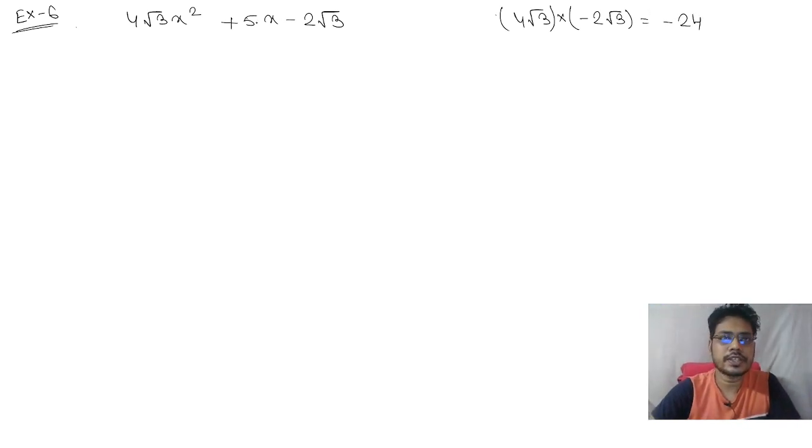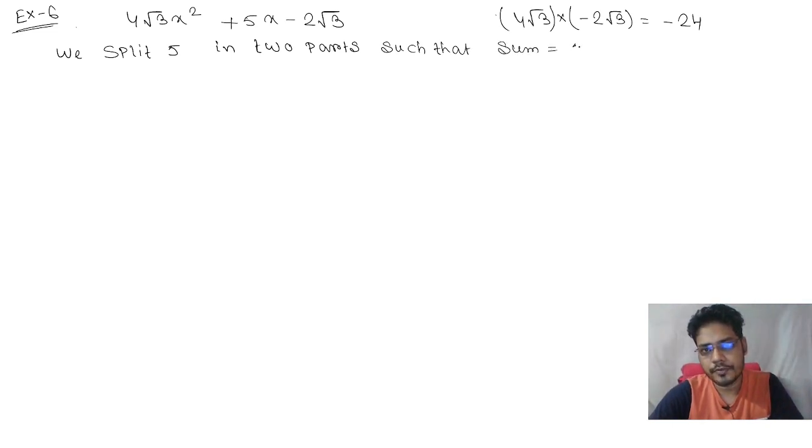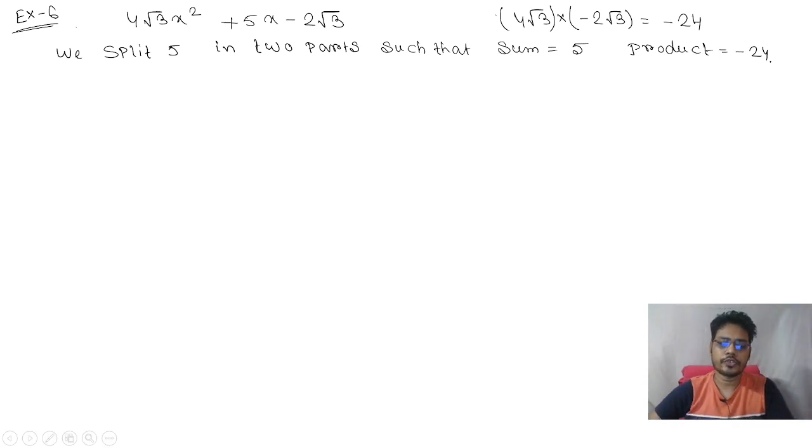Now we have to split the middle term 5 in two parts such that the sum will be 5 and the product will be minus 24. Now how is it possible?